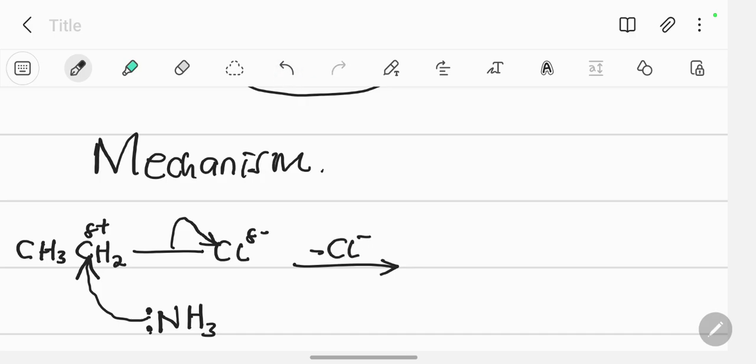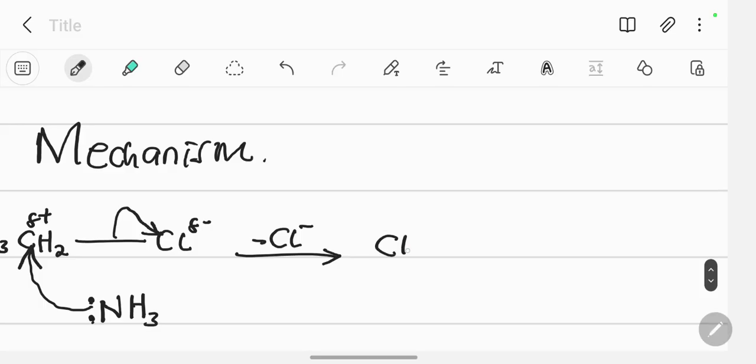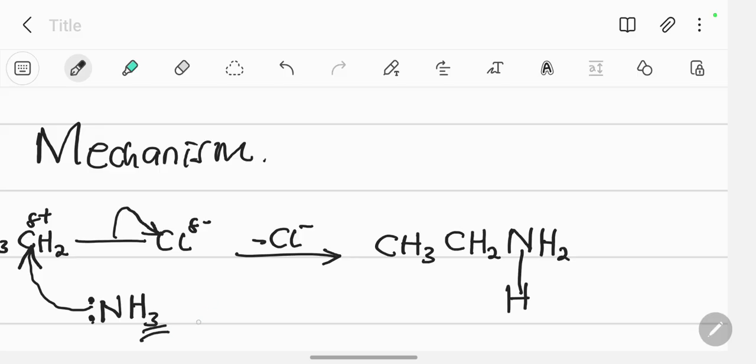So I'm going to lose the chloride ion and end up with CH3, CH2, and our nitrogen having 2 hydrogens and the third hydrogen, so there are 3. That's why I intend to write those 3 there, but I'm preparing this one to leave, so it's going to be plus.